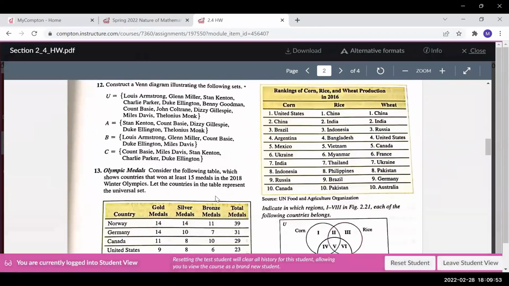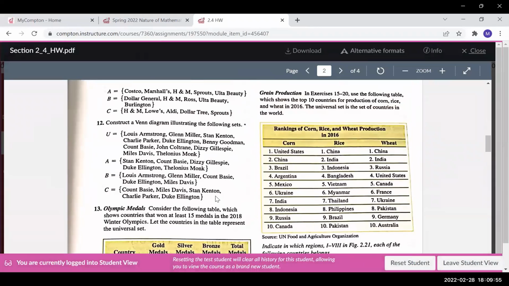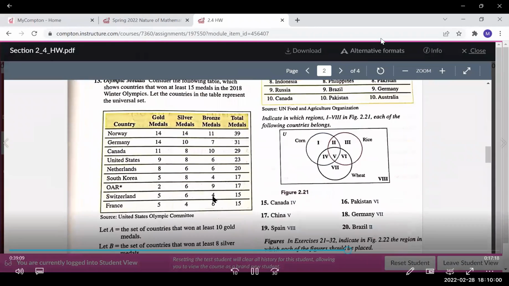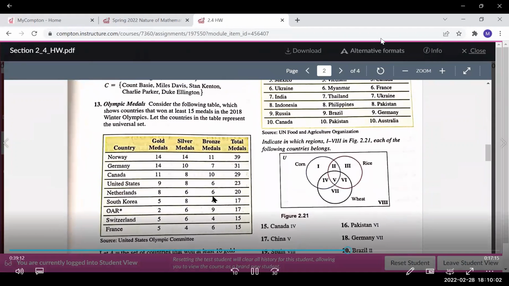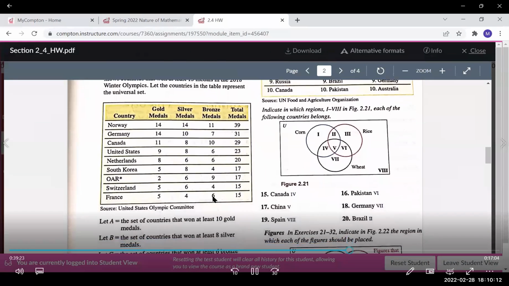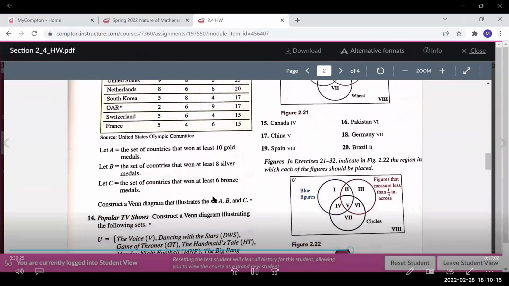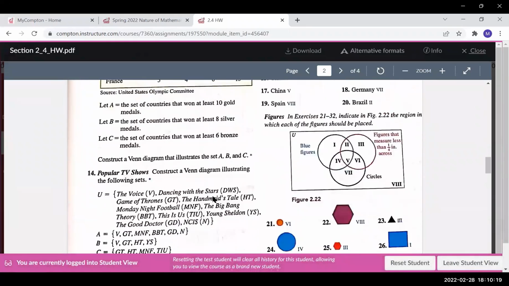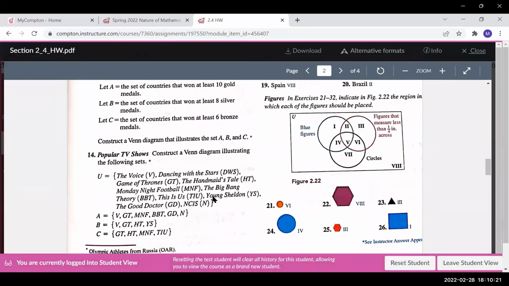Let's see, which one should we focus on? Let's focus on number 12 or 13. 13: consider the following table, which shows countries that won at least 15 medals in the 2018 Winter Olympics. Let the countries in the table represent the universal set. Now that might be a while for us to do. Let's look at one that's already kind of set up for us.